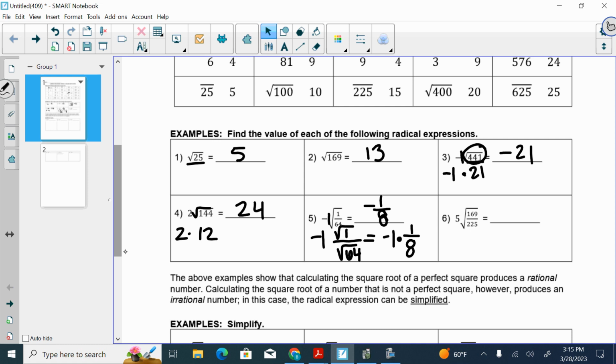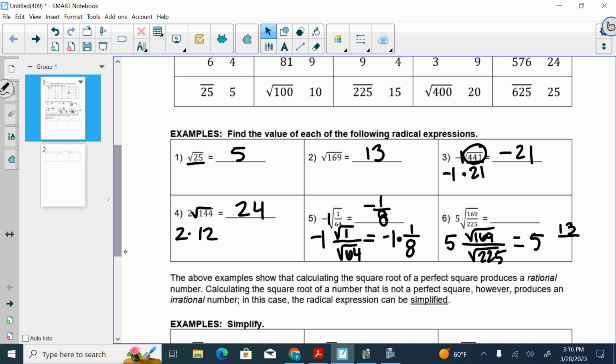Okay, here, same idea. I've already got the 5 out in front. Remember, we're going to take the square root of that top number and the square root of that bottom number. All right? So what is the square root of 169? 13. Okay, so I've got 13 on the top.